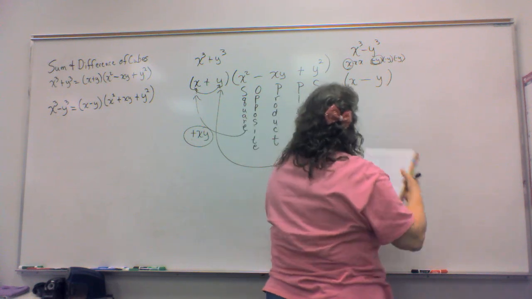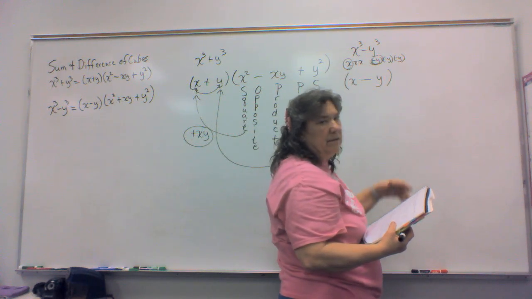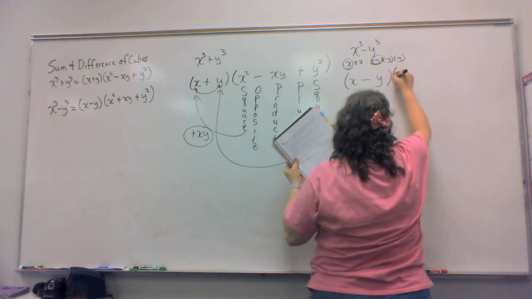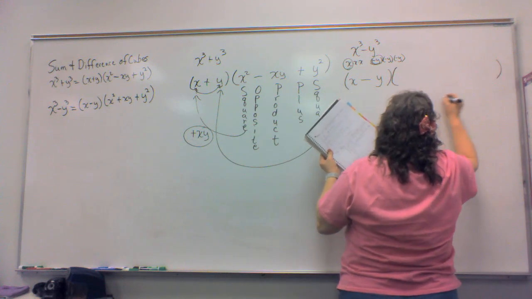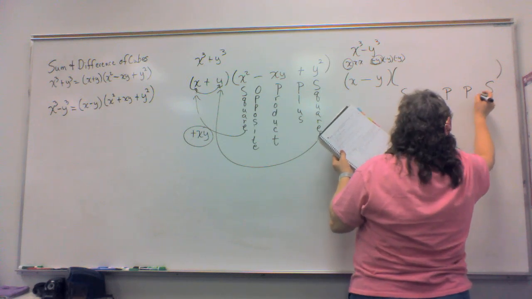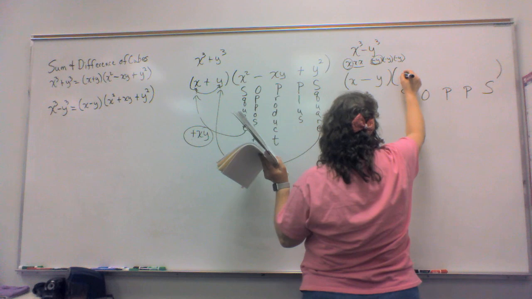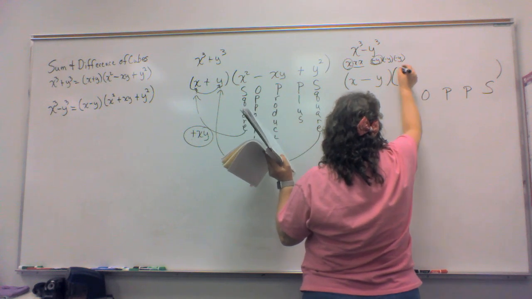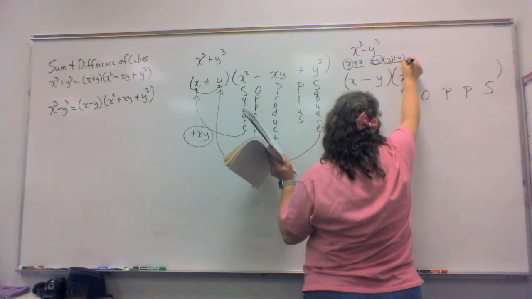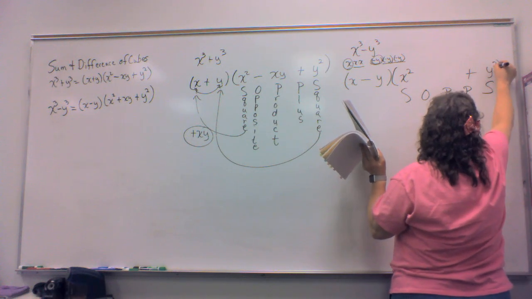See, that gives you bring down the first, the same sign, and the second. Now, what's left? Again, applying SOPPS, but I also look at here. I have x times x left, so that goes in my first one. I have negative y times negative y left. That's my plus y squared.